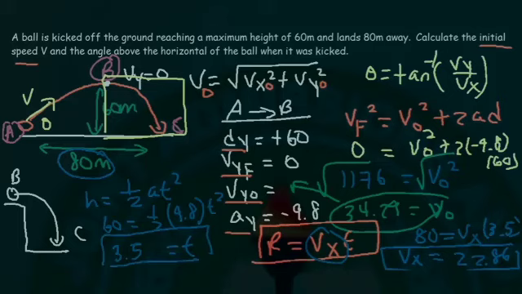But we're not done. There's still some more things that we have to do, but let me just write these answers down. Now keep in mind, this is not the only way in which we can solve for the time.